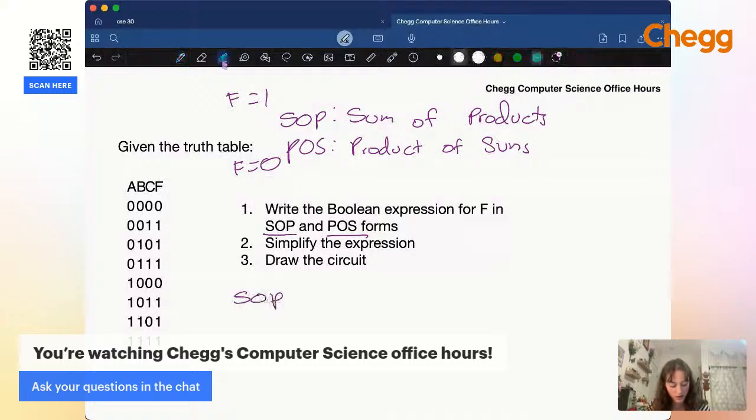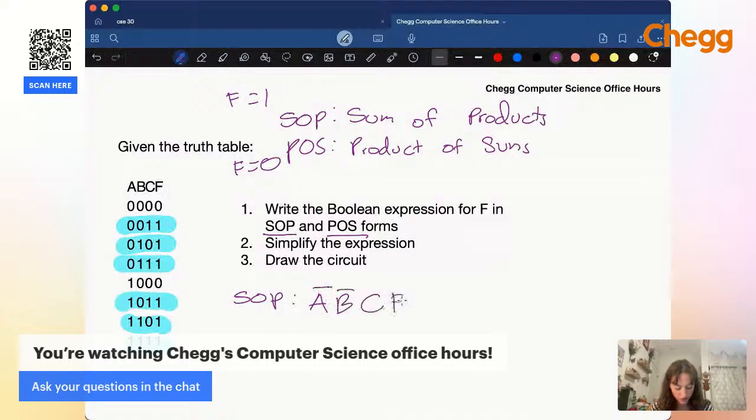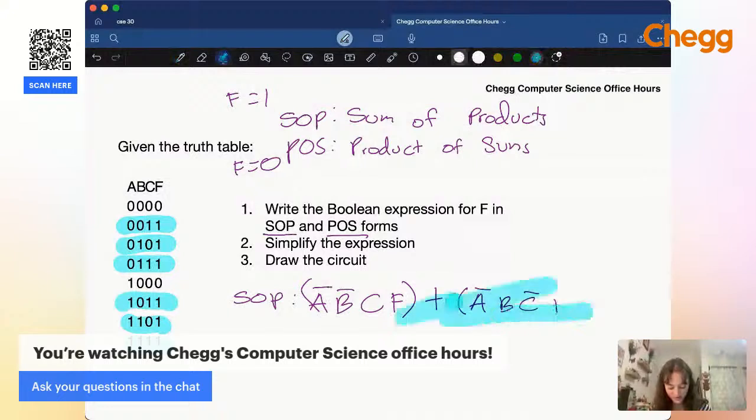Everywhere where f evaluates to true, I'm just gonna highlight that here. So it's a lot. We know that if A is false, B is false, and C is true, then it'll evaluate to 1, or A false, B true, C false. Oh, wait, sorry, I'm doing F also.